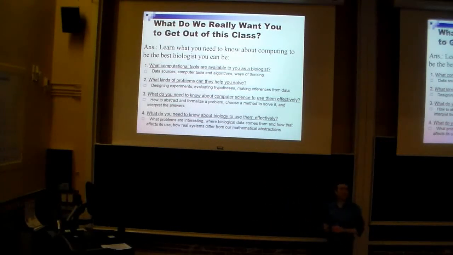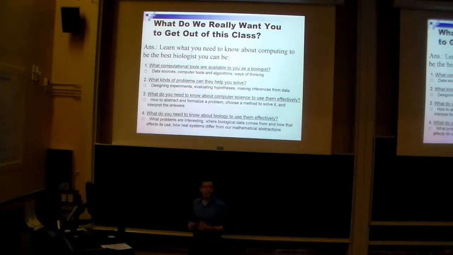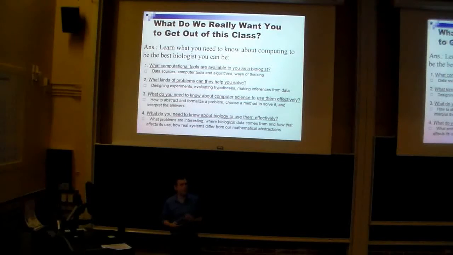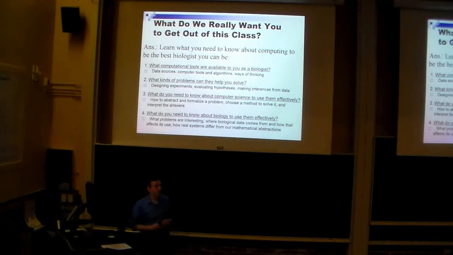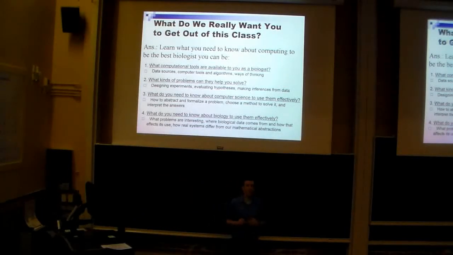You need to know where that data comes from, what the properties of that data are if you want to do that effectively, and also understanding always how our computational abstractions that we need to develop computer algorithms and computer programs differ from the real biological system. They're always approximations, they're never going to be exactly the real system, and you have to understand the difference between these if you want to know how to use computational tools effectively.